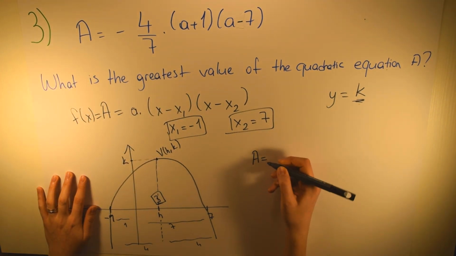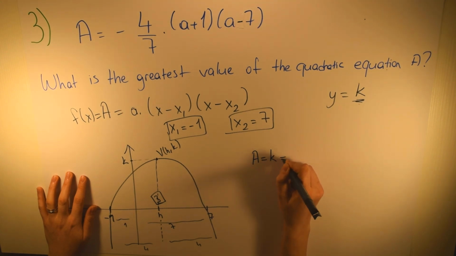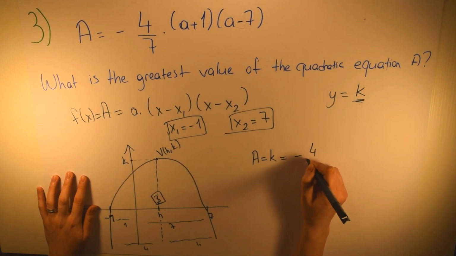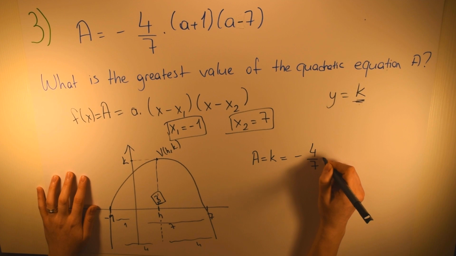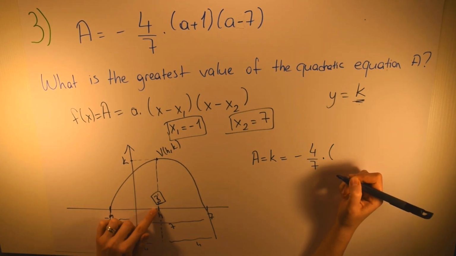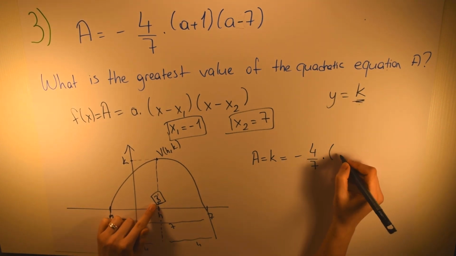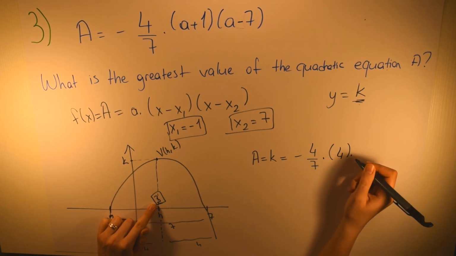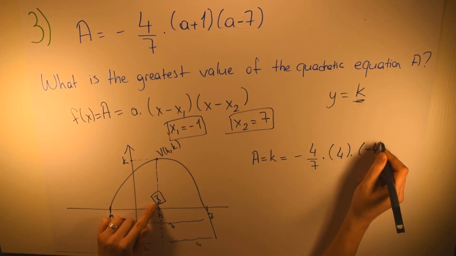k is equal to minus 4 over 7 times, here our value of h is 3, right? 3 plus 1, it's 4, times 3 minus 7, it's minus 4.